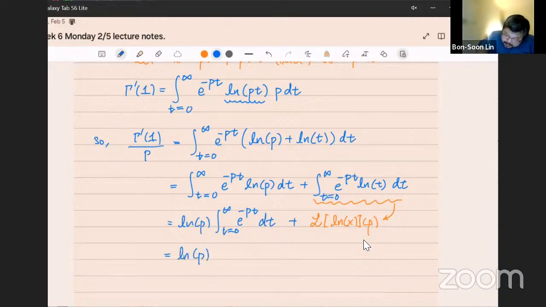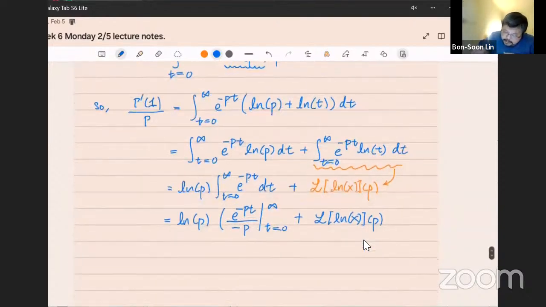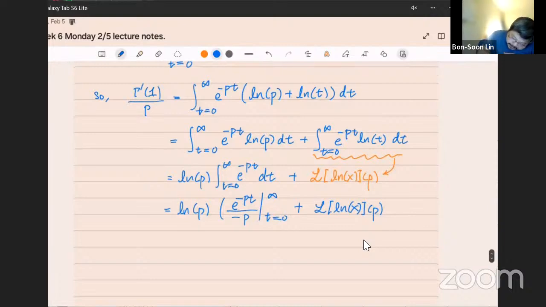Okay. E to the minus pt, of course, the antiderivative is e to the minus pt divided by minus p. This is just Laplace transform of 1. Yeah, that's also Laplace transform of 1. So that's actually very good to recognize that. But you can, of course, evaluate this bound as well, which is 1 over p. Very good. So it's kind of nice to be able to recognize integrals as Laplace transforms, which we can just write down the answer, right?